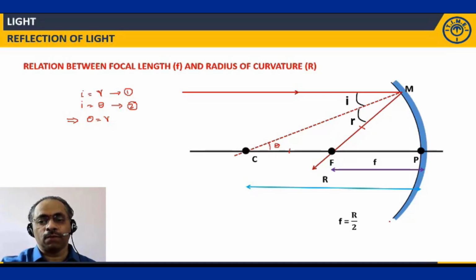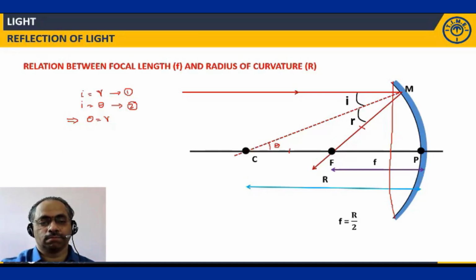The total mirror which is exposed to the light, that is what you call aperture. You will measure aperture by its diameter. What is the diameter of the mirror over here? From this particular end to this particular end, if I draw a line like this, this total diameter of this particular spherical mirror part will be called the aperture. This is a measure of the aperture.